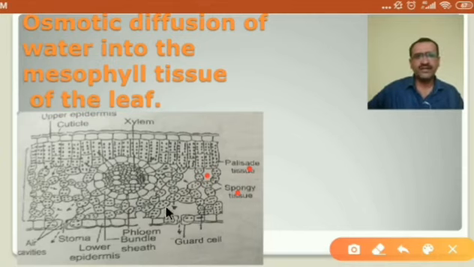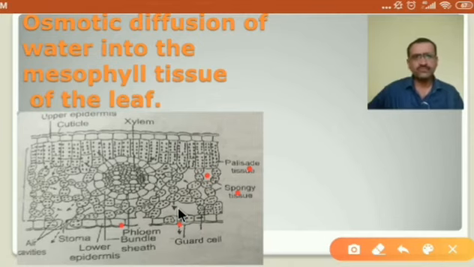Beneath that, again spongy tissue, and this is the upper epidermis, and this is the lower epidermis. In most plants, the stomatal pore is present in the lower epidermis. Here is the stomatal pore, and this is the intercellular space.